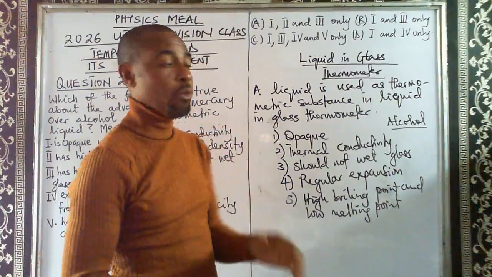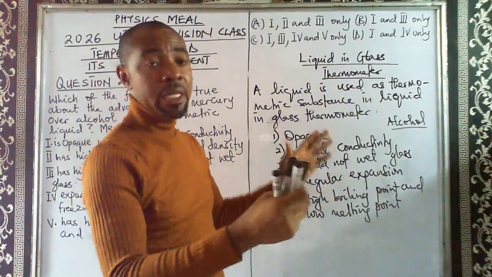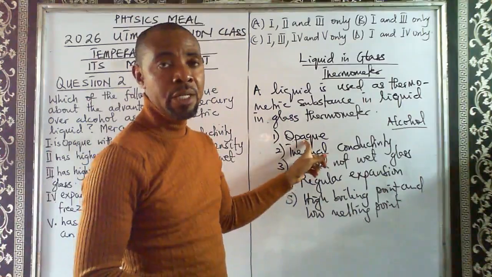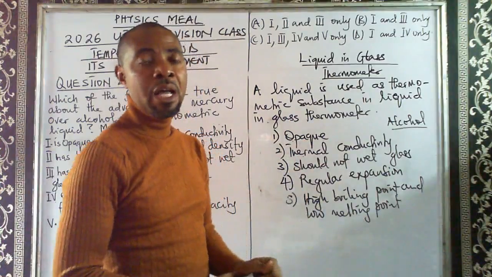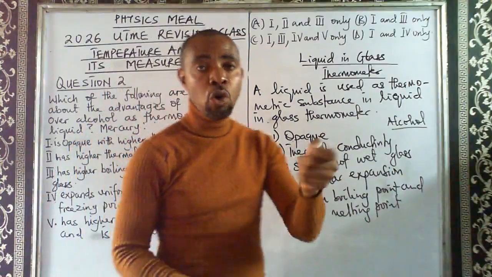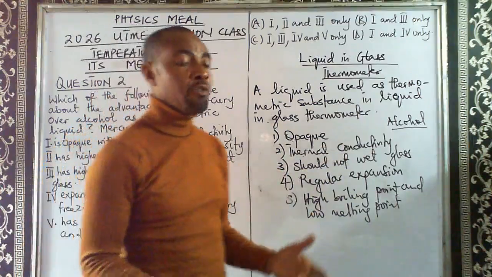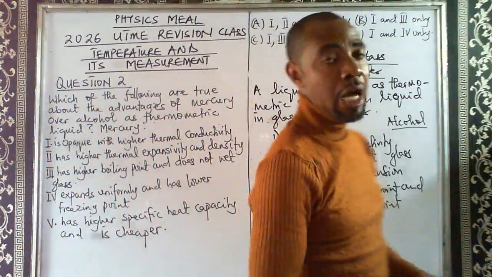But in others, mercury takes the upper hand. Alcohol is transparent, it's not opaque. So if you are going to use alcohol as a thermometric substance, you need to color it. The thermal conductivity of mercury is greater than that of alcohol.